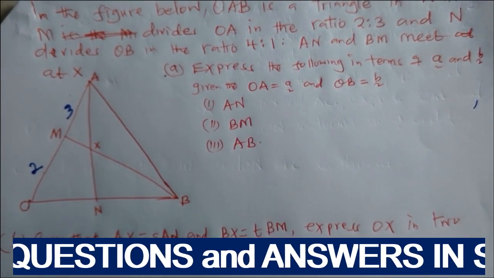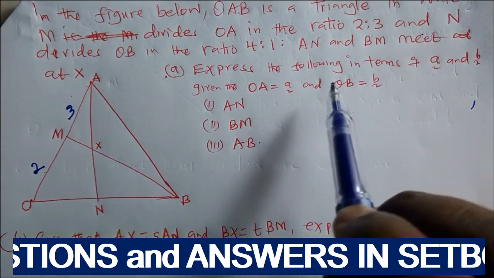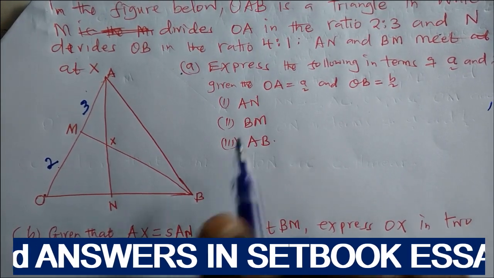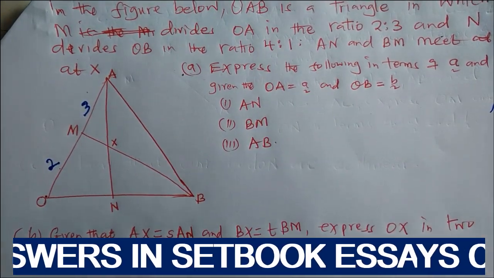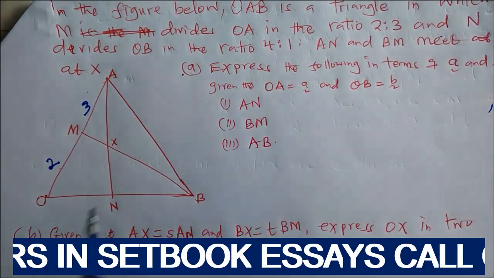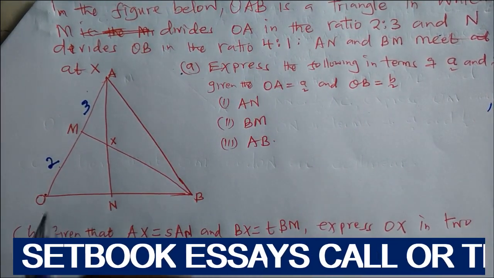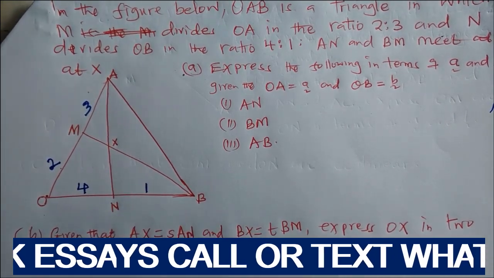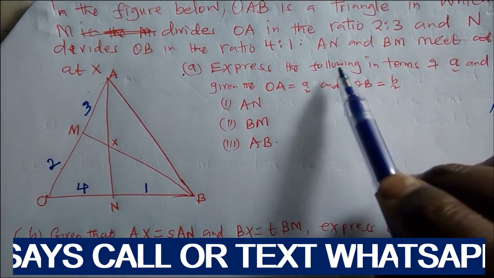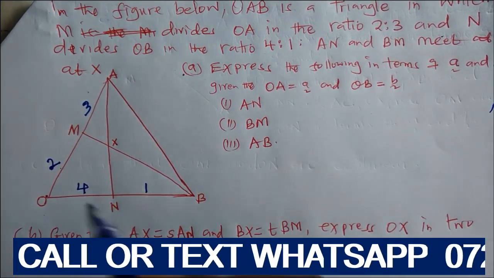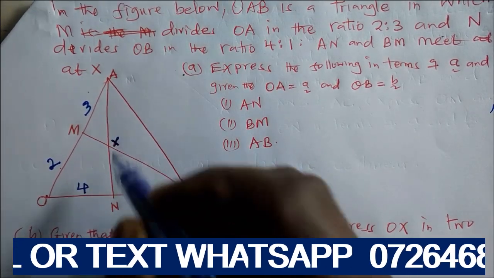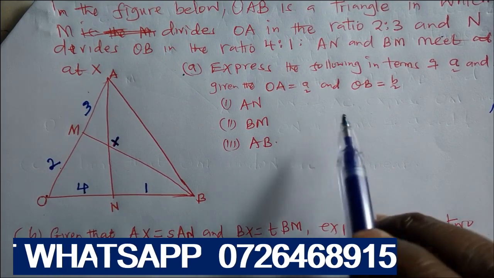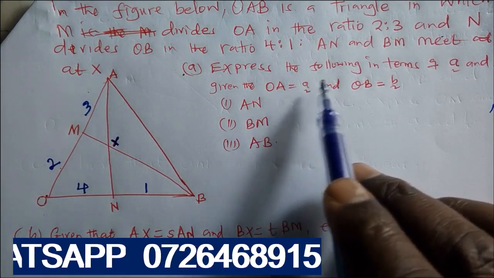And N, this is N, divides OB in the ratio 4 to 1. So this is 4 and this is 1. That is the ratio. AN and BM meet at X. So they meet at X. Then express the following in terms.